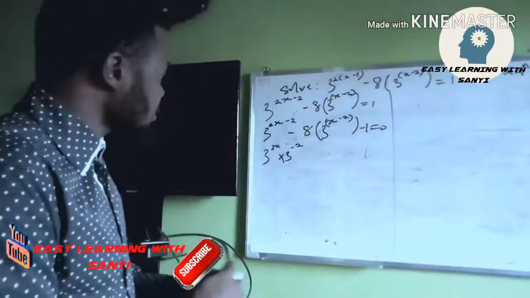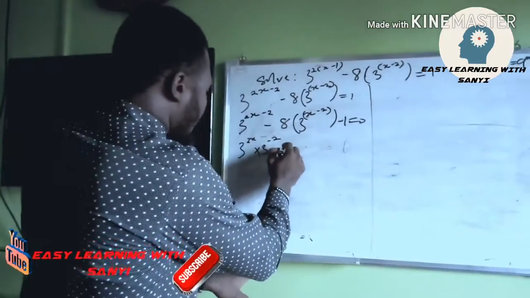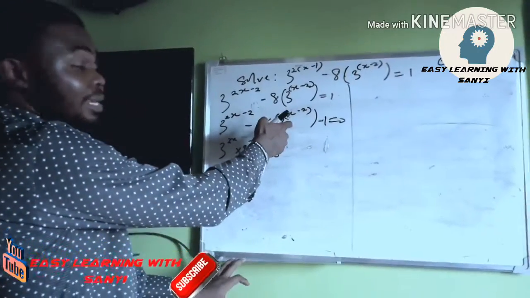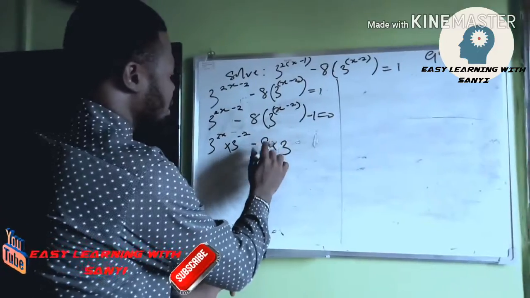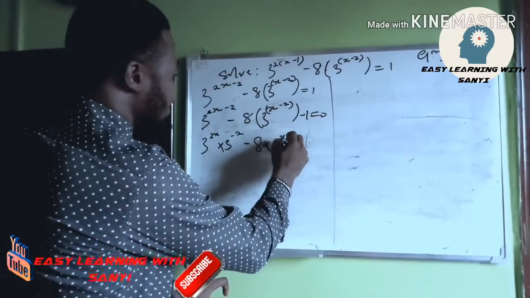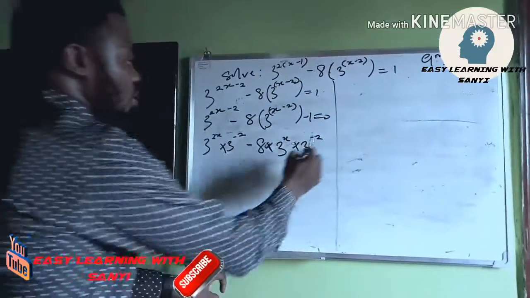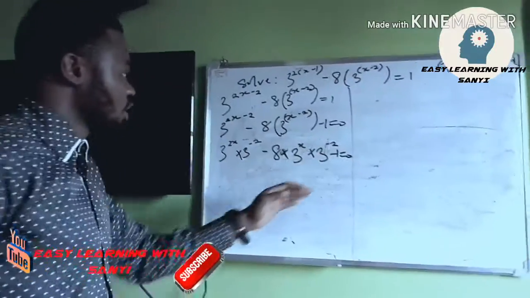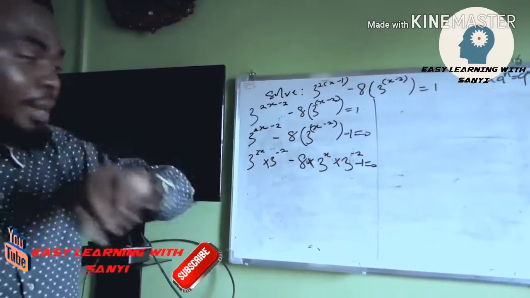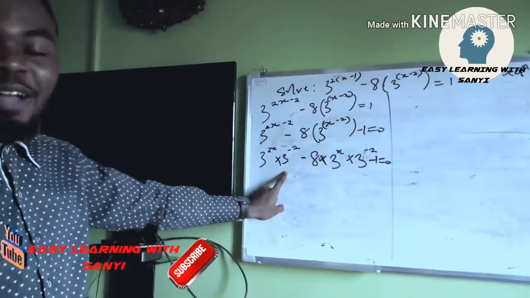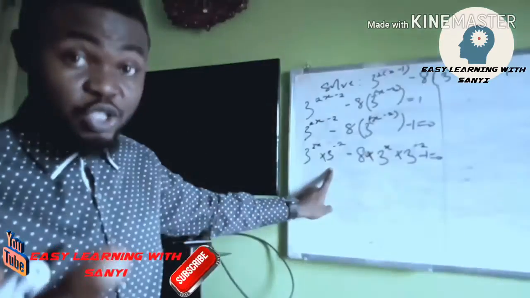Now we have minus 8 times 3 raised to power x times 3 raised to power minus 2, minus 1 is equal to 0. I applied the first law of indices to break this, and I also applied it to break this. So you have to have knowledge of the basic laws of indices to solve an exponential equation.